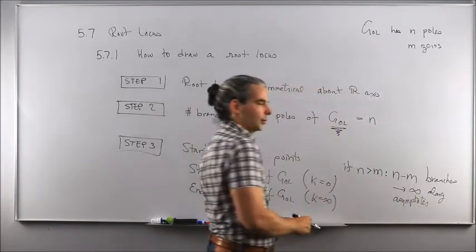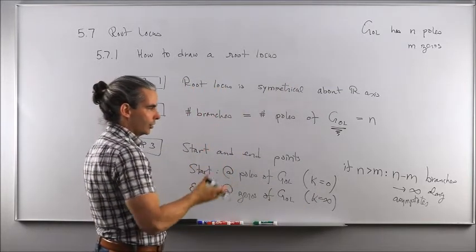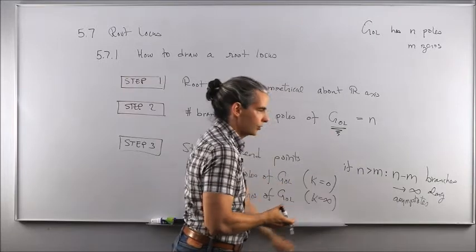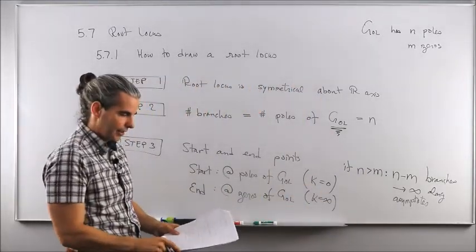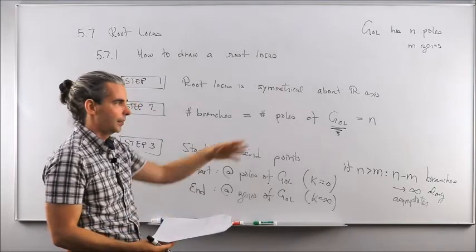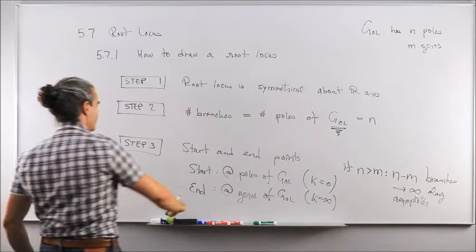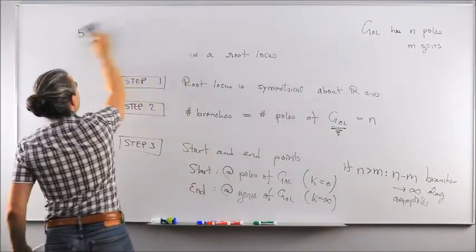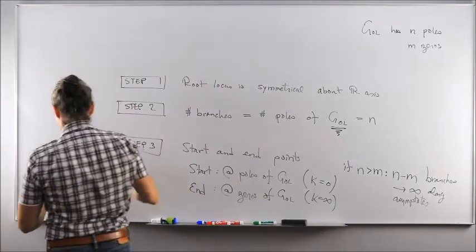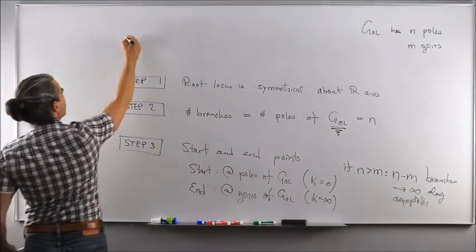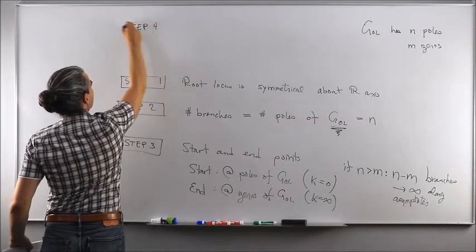Asymptotes are directions along which n minus m poles converge to infinity in terms of the value of the static gain K, or Kp in the previous example. Speaking of asymptotes, we need to calculate them, and the calculation of the asymptotes will be in step 4.